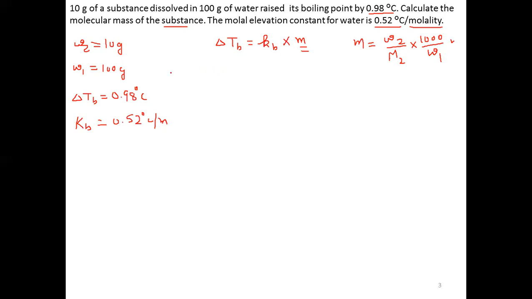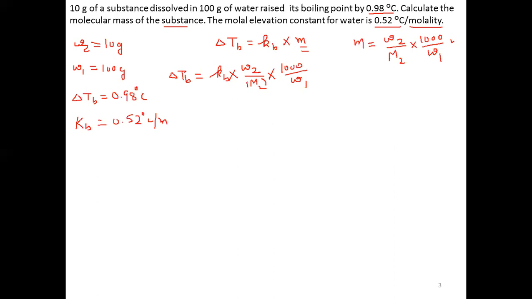So we can put it here. We have delta TB is equal to Kb as it is, into, putting the value of molality, W2 divided by M2 into 1000 divided by W1, which is the weight of solvent in grams. We have to calculate the molecular mass of the substance, M2.